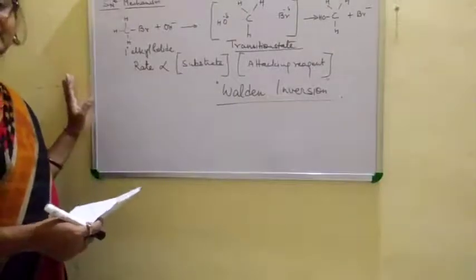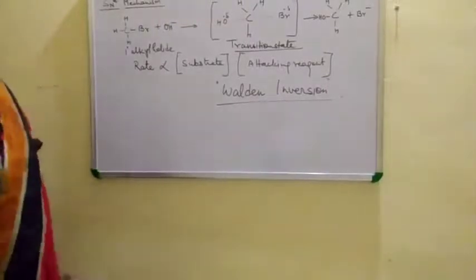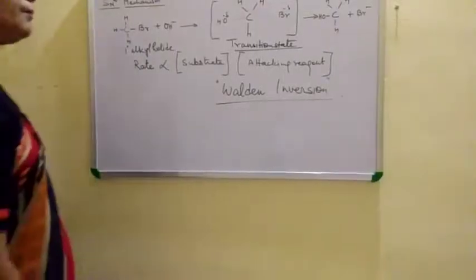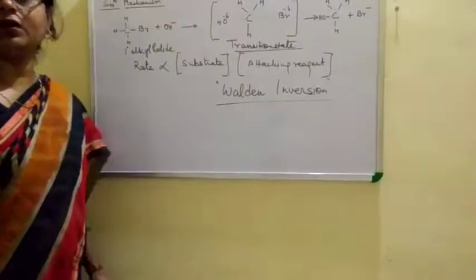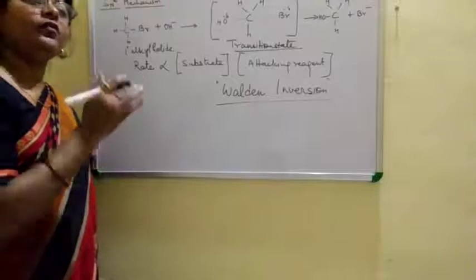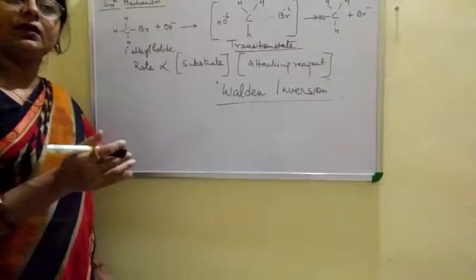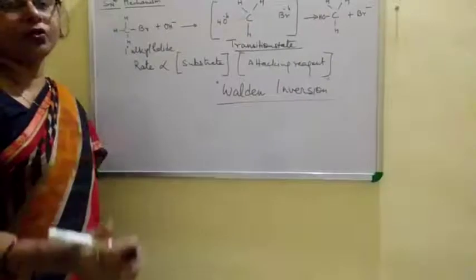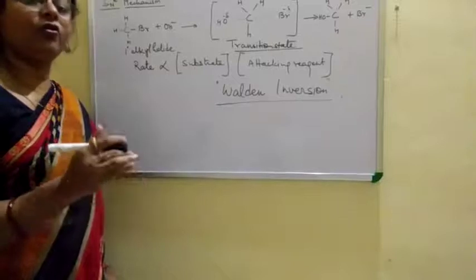Generally, secondary alkyl halides undergo both SN1 and SN2 type of reactions, because which reaction mechanism takes place in a secondary alkyl halide, whether SN1 or SN2, depends upon the attacking nucleophile.